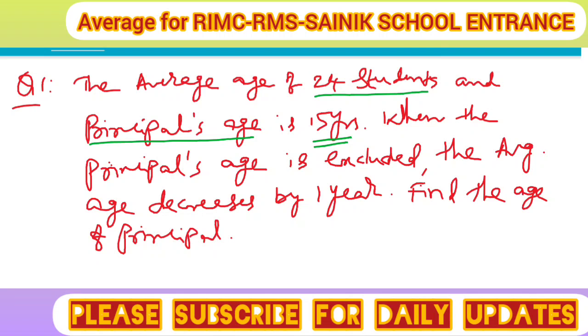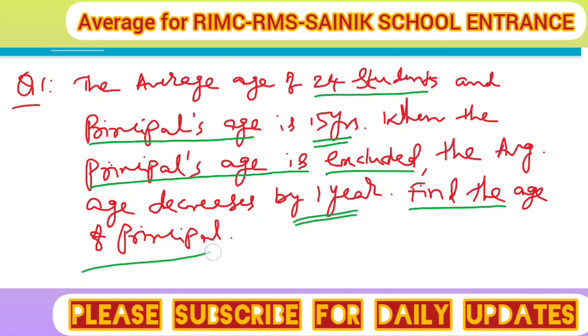When the principal's age is excluded, that means if we remove the principal's age, the new average is decreased by 1 year. So find the age of the principal.